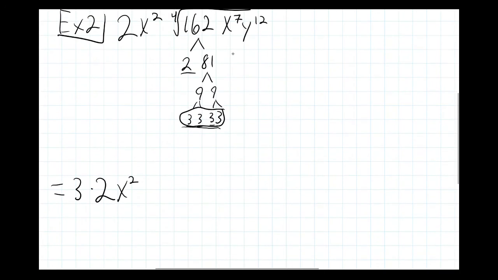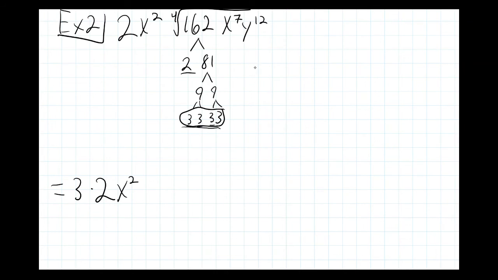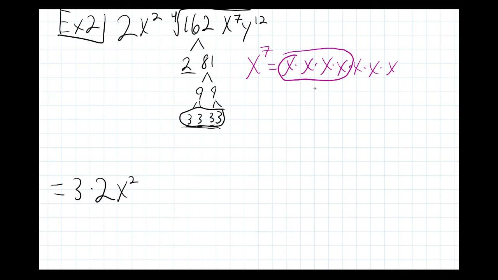Now, I'm taking x to the 7th, and we're going to break this down. So x to the 7th is now going to be equal to x times itself 7 times. Here, we circle any groups of 4 we can find. So we have one group of 4 and a group of 3 there.